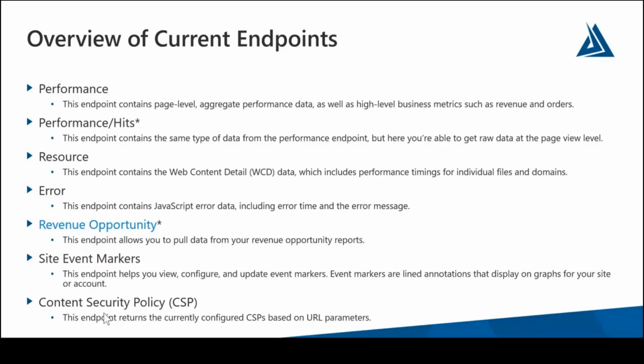I mentioned it quickly in our training this past week about how to create and manage a CSP. It's a pretty straightforward GET request based on a few URL parameters. Anyways, today we're going to focus on the revenue opportunity endpoint, and ultimately this allows you to pull data for your revenue opportunity reports.